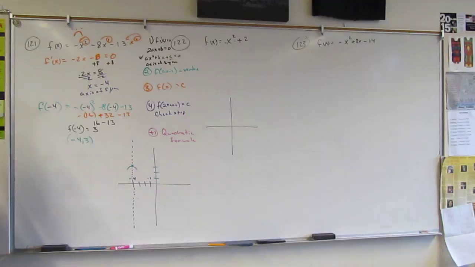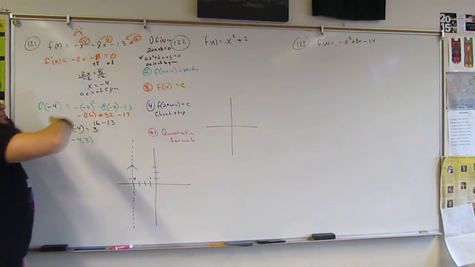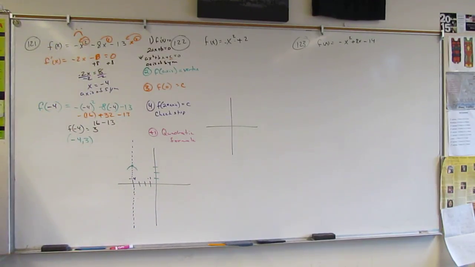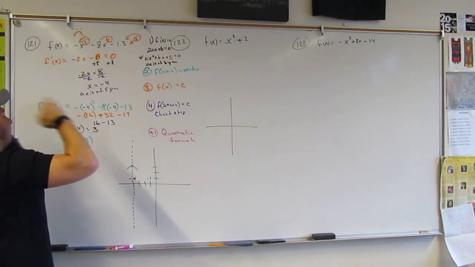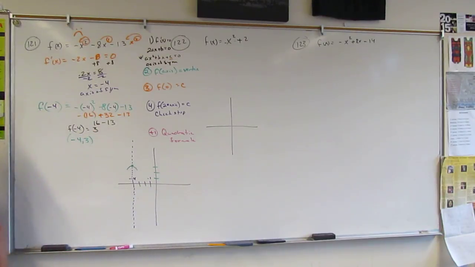So, in this case, it's a maximum. It's a relative maximum because we know that it turns one time. We know that the one turn is a maximum because it's going like this. And the maximum is 3. The relative maximum is 3.